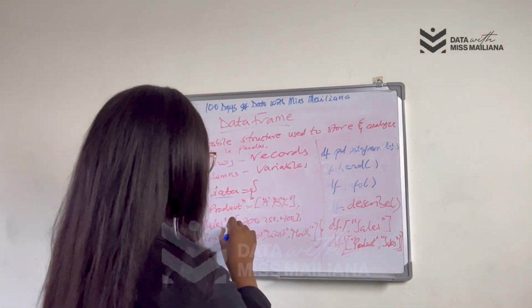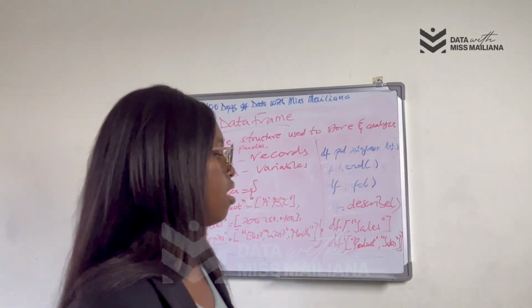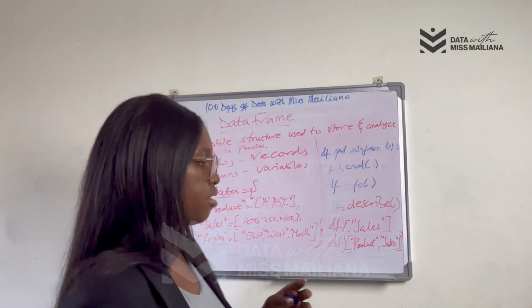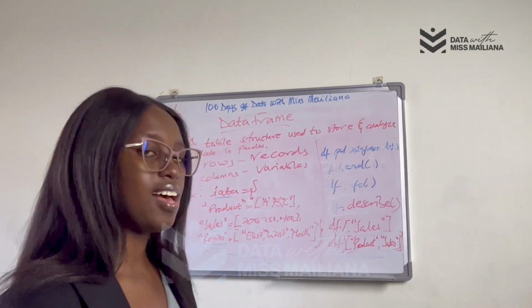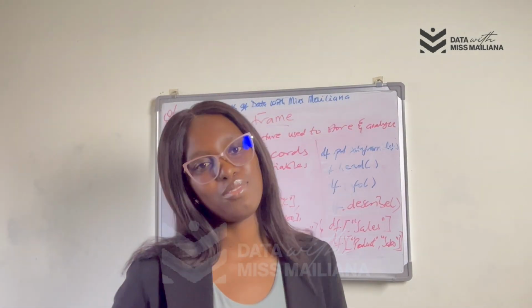If you want to see only product and sales, you use this, df[['product','sales']], then df.sales. You see that we are using the box bracket as well. So basically a data frame is more like a Python Excel.